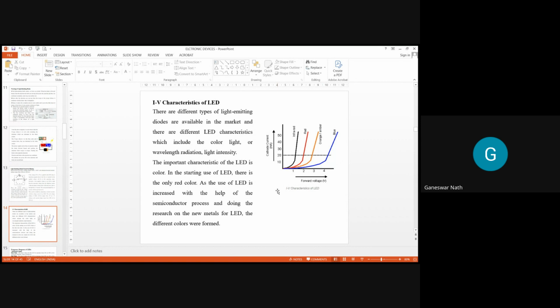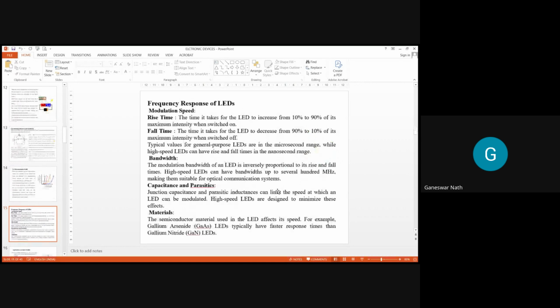Okay, so similarly the frequency response of the LED. In the frequency response we have the modulation speed, which includes the rise time and fall time. Between the rise time and fall time we have the bandwidth, and we also have to read the capacitance and parasitics.